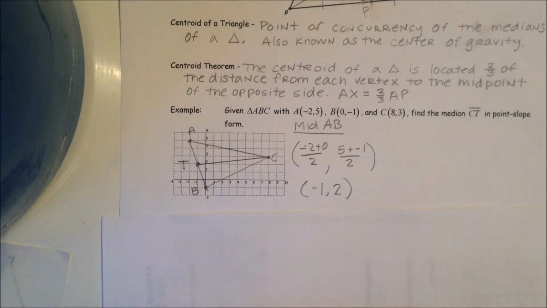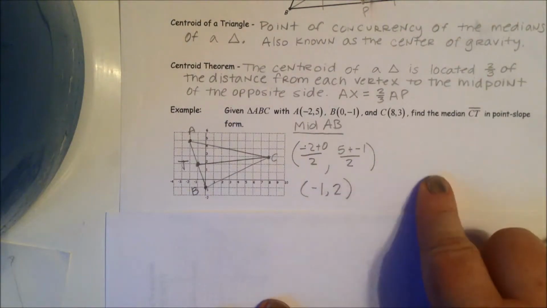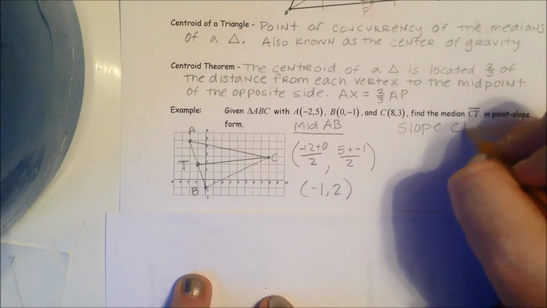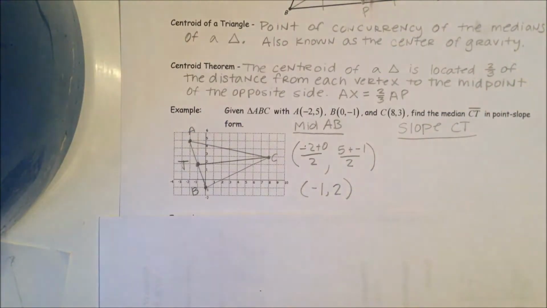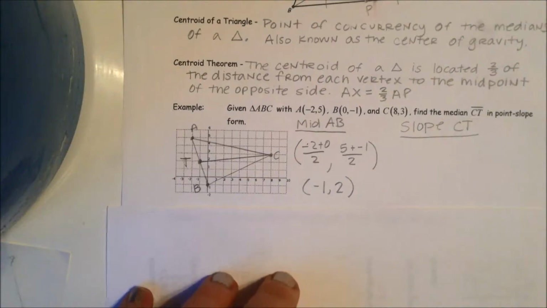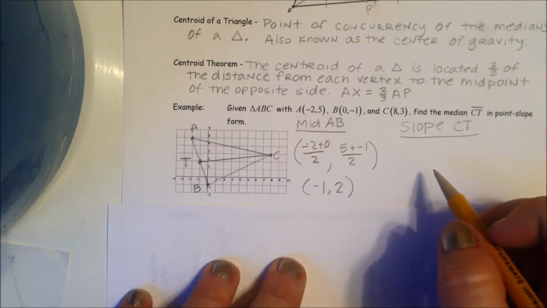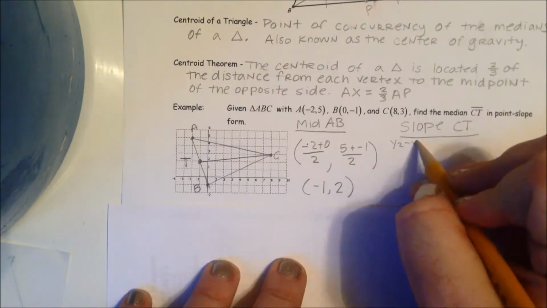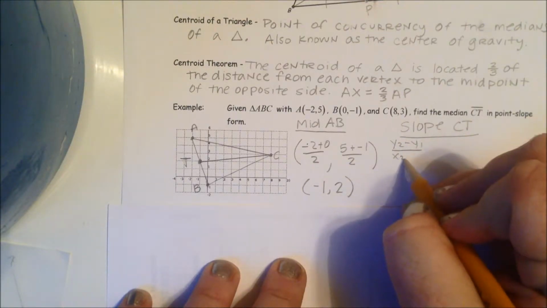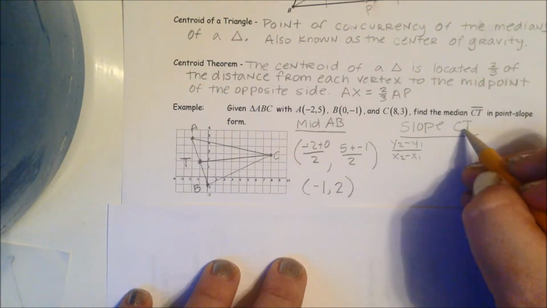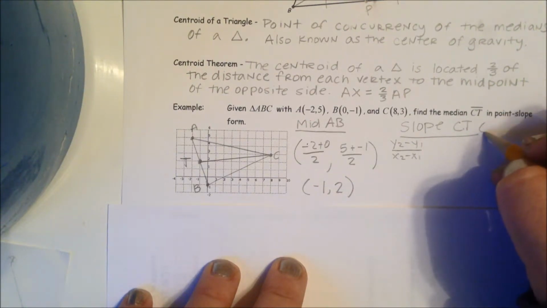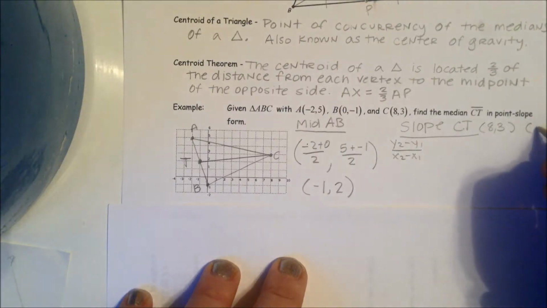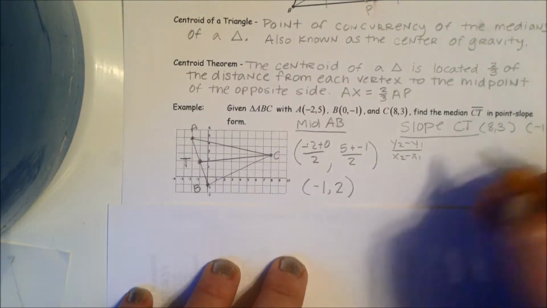So what I need to do before I can write an equation for this line is find the slope of CT. So remember, I can find the slope of CT by using the slope formula, y2 minus y1 over x2 minus x1. And so I'm using point C, which is at (8, 3), and point T, which we just said was at (-1, 2).